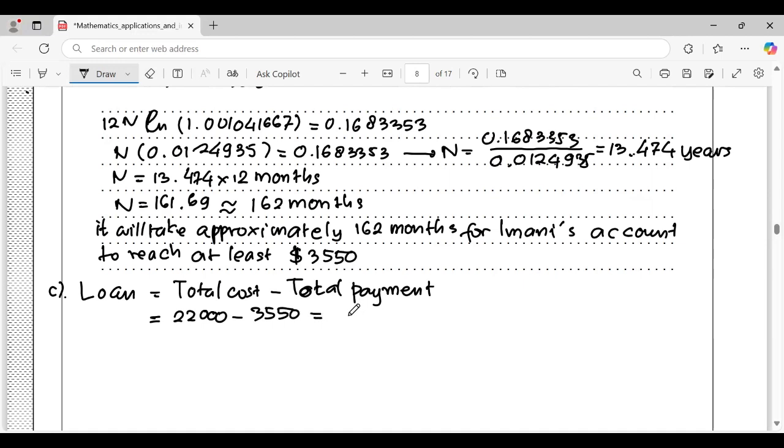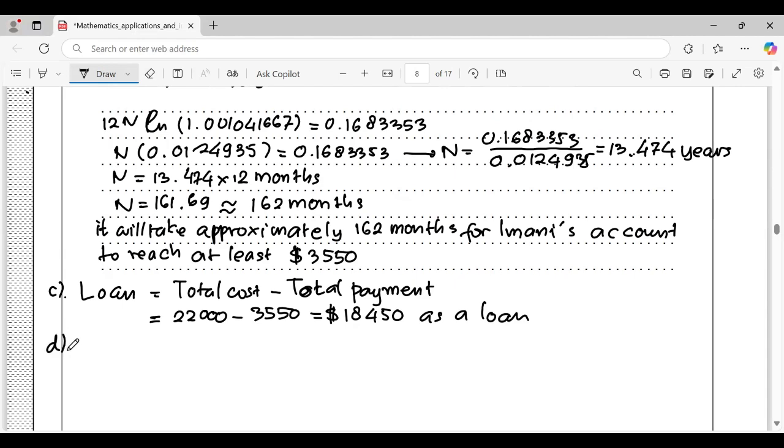So it is $18,450. So Imani takes out $18,450 as a loan.